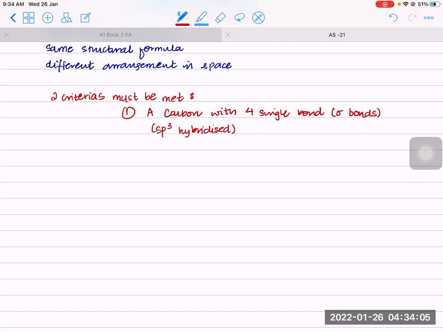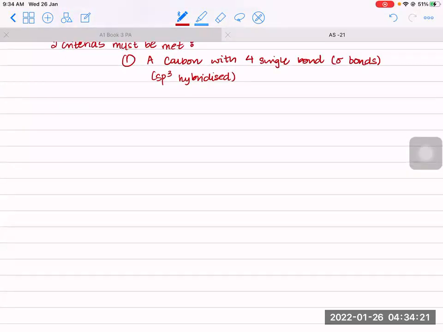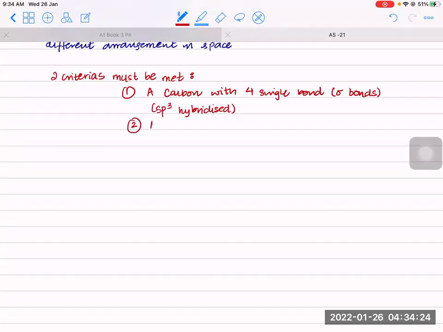Whereas in geometric, we needed an sp2 hybridized carbon. So you need an sp3 hybridized carbon. And you must have 4 single bonds. All 4 bonds must have different atoms or groups attached to it. So the second criteria is that all 4 atoms or groups attached to the carbon must be different.